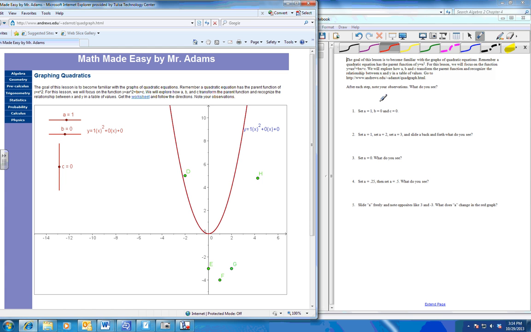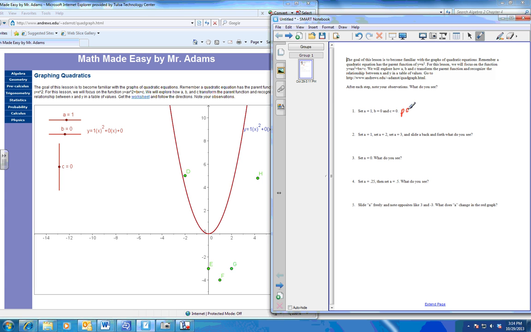All right, so after I set that, I'm supposed to write down what I see. So I see my parent graph. Here's the equation, y equals 1x squared. So I'm going to write down the parent graph of y equals x squared.